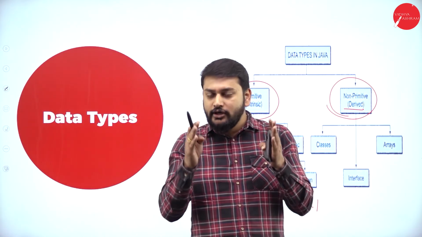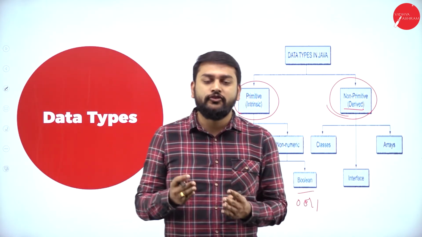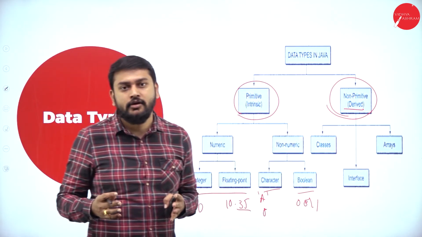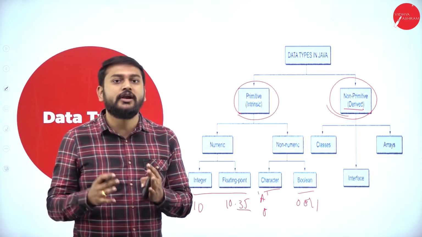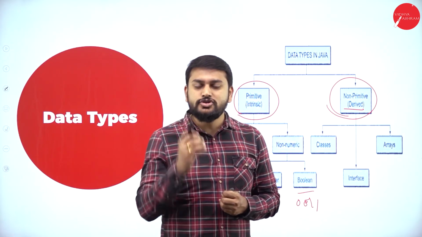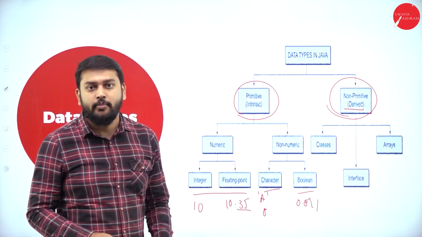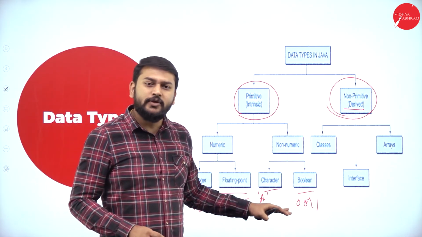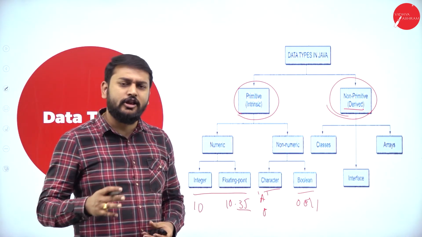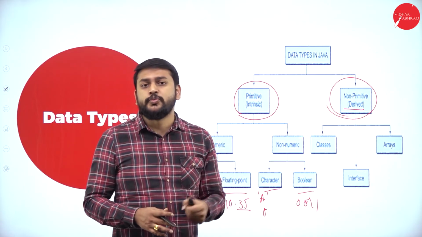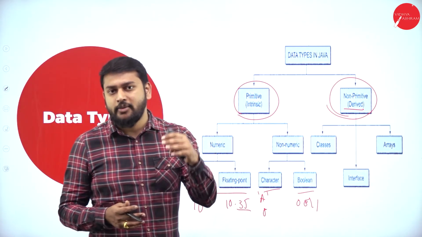It will take only two values, true or false, 0 or 1. So that is a special type of data type that we have. I can store only two values, that is 0 or 1. That's what you need to remember. So this is a fundamental data type that we have. We have studied this many times in our previous programming languages. Let me not go in depth about it.